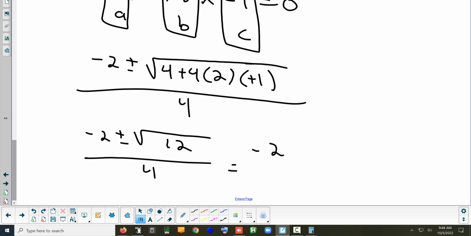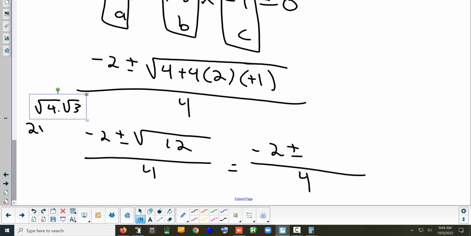Anybody remember what the square root of 12 can be simplified as? Yep. Would it be 3 times square root of 2? Yep. So you can break 12 up into 4 times 3, 2 separate square roots. The square root of 4 is 2. The square root of 3, you can't do anything with it.